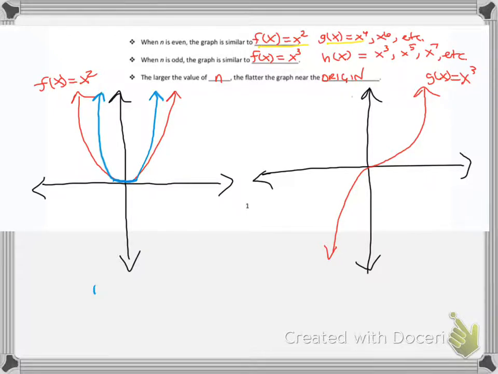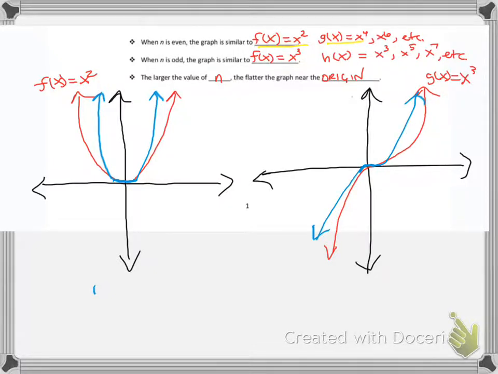If you were to look on a calculator or plot points, you would see why it's flatter, because if it's x to the fourth, the numbers around the origin are going to be really, really small. And similarly here, it's going to be a little flatter around there.